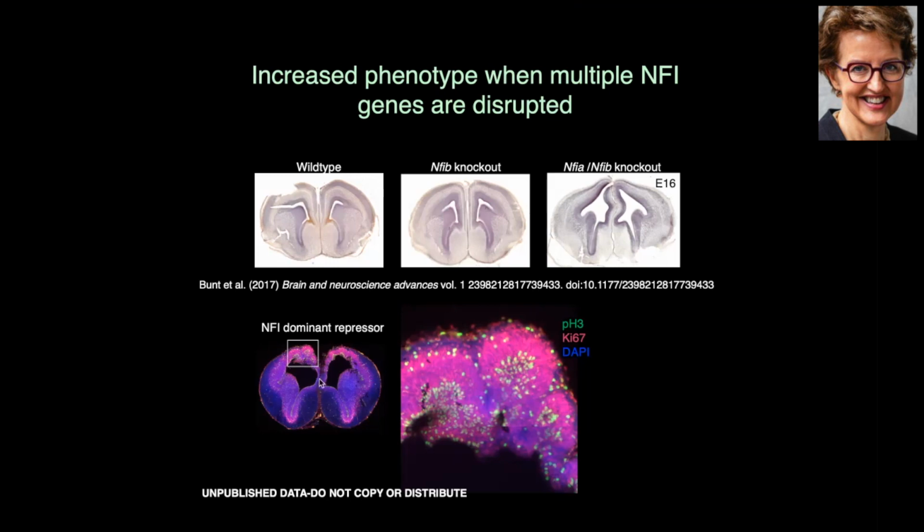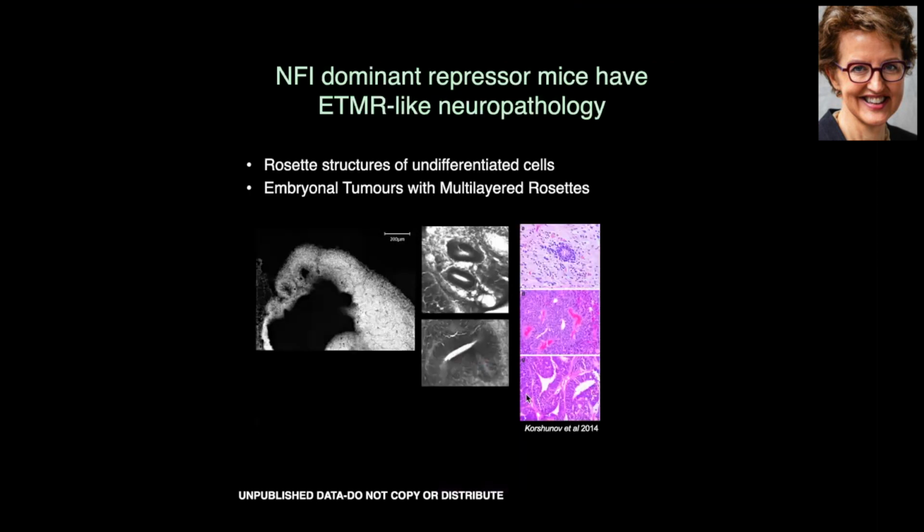And when we did this, what we found was this incredible phenotype where the cells in the cortex continue to proliferate. They completely fail to differentiate, and they form these rosettes that you can see here. And these rosettes we recognized actually resemble a pediatric tumor, which is called embryonal tumors with multi-layered rosettes. And this is now a human condition here.